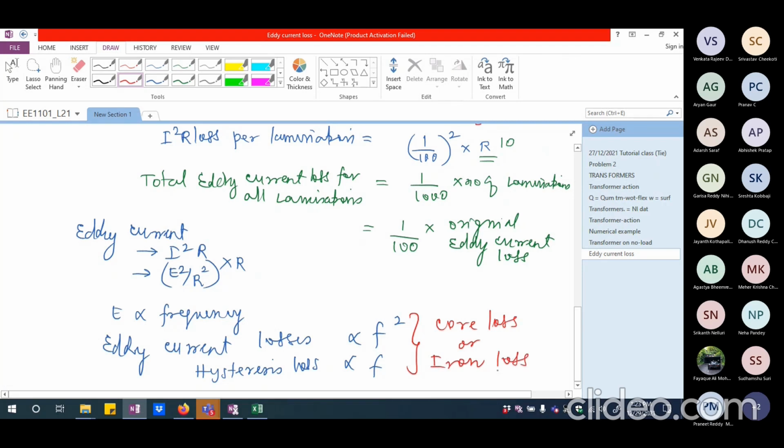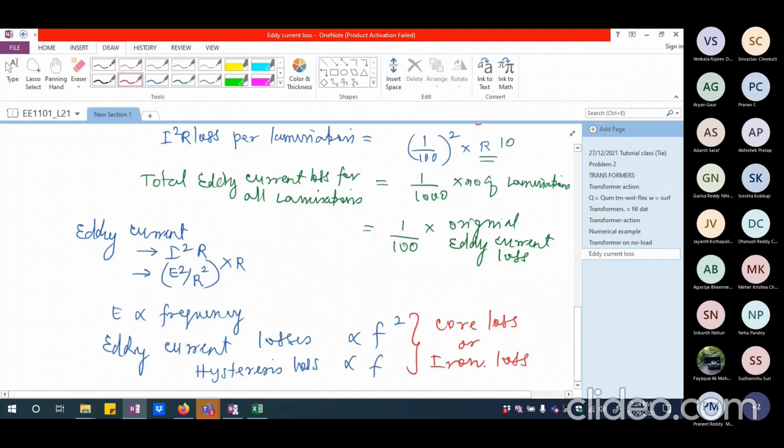And in a transformer, the flux which is causing the induction of EMF in the secondary side is essentially going to be a constant, because if there is a reduction in the flux because of the secondary current drawn, that is going to actually be replenished again by drawing an excess amount of primary current.